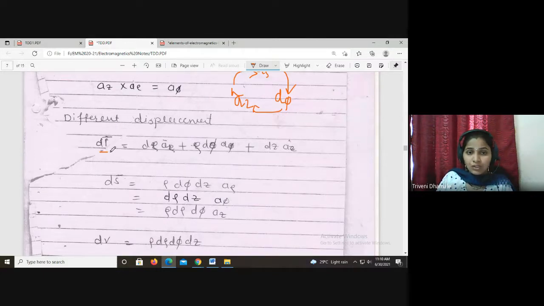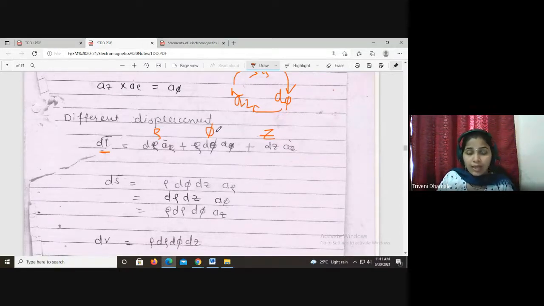Now differential length, right? It is going to change according to the coordinates. Now here the coordinates are rho, phi and z. As you know, rho is the radius of the cylinder, z is the height of the cylinder. So rho is radius, that means it's a length, like a length it is in meters, and z is also height, it is also in meters, that means it is a simple length.